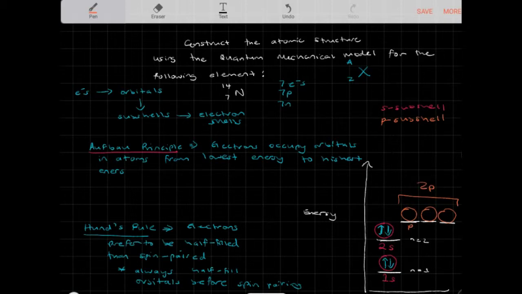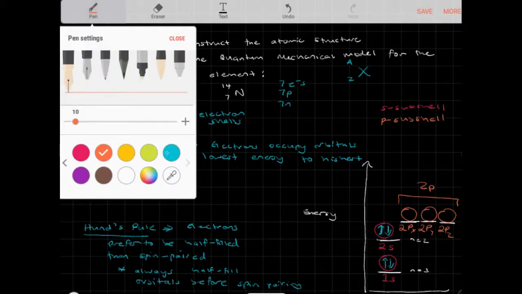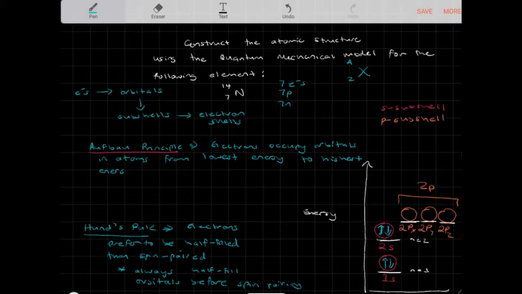So this is the px orbital, py orbital, the pz orbital, and you can call them 2px, 2py, and 2pz, if you're looking at each individual orbital. There are 3 more electrons that have to occupy the p subshell, but according to Hund's rule, we always need to half-fill orbitals before we spin pair. So I'm half-filling them like this. Okay, so this is the atomic structure of nitrogen using the quantum mechanical model.